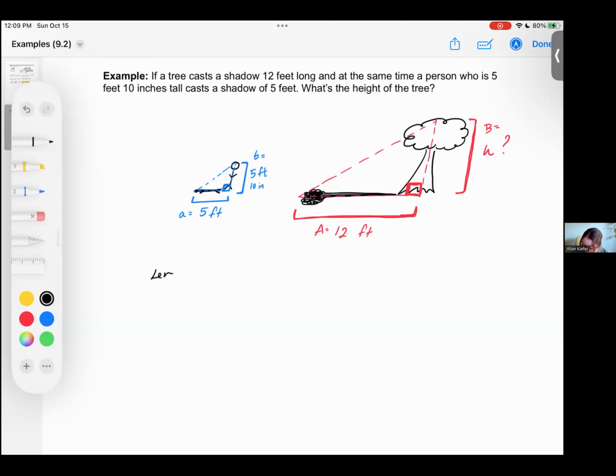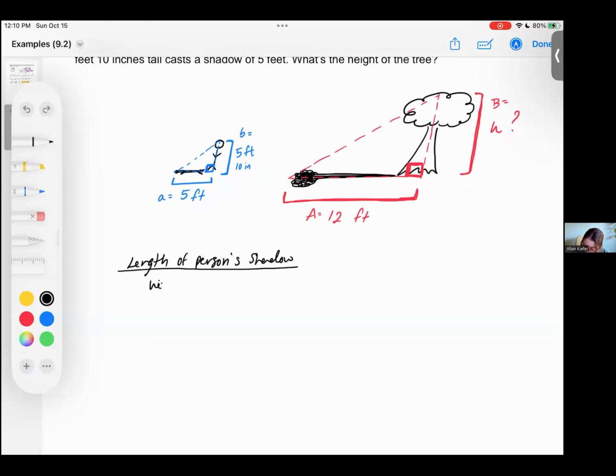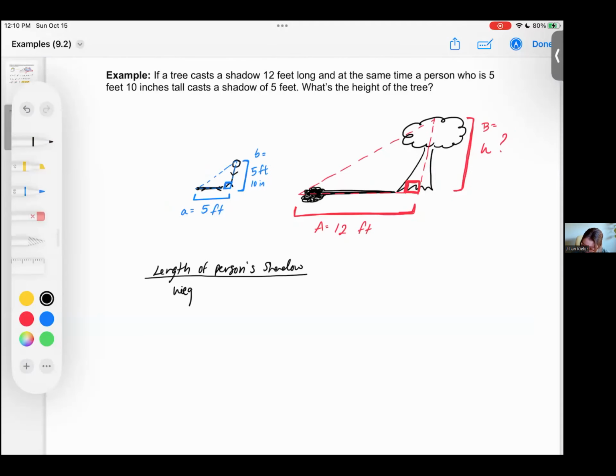So we say that the length of the person's shadow can be divided by the height of the person.